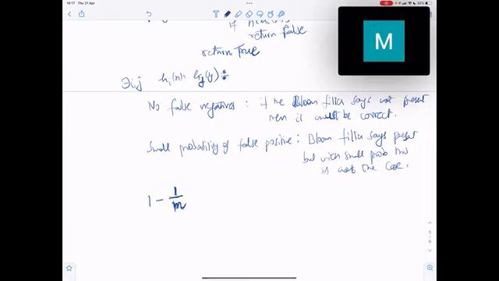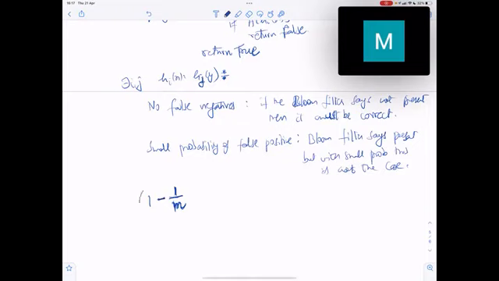So a particular bit is set to 1 with probability 1 by m, correct? You have m bits. When you insert, a bit is set to 1 with probability 1 by m. So the probability that it is not set to 1 is 1 minus 1 by m.